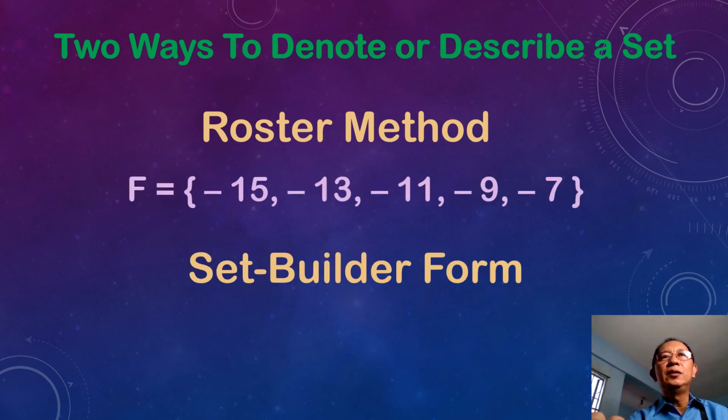Another example, set F, the elements are negative 15, negative 13, negative 11, negative 9, and negative 7. So how can we translate this to set builder form?